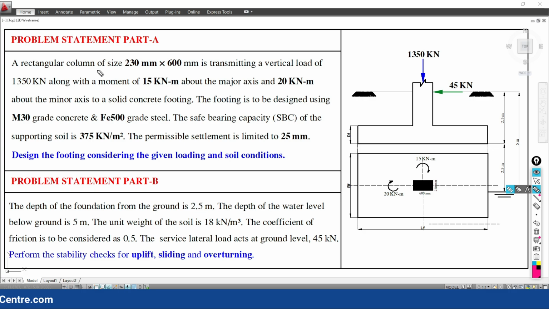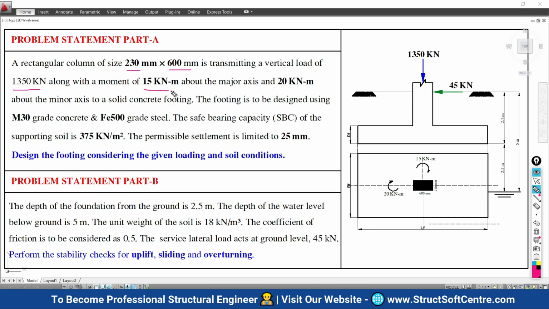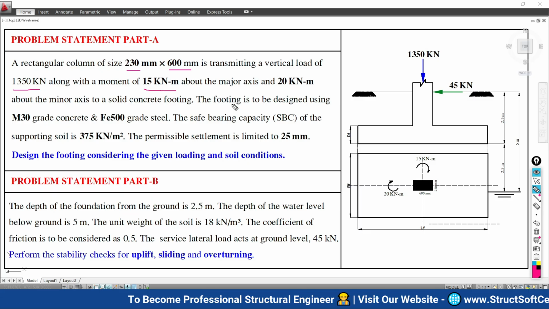A rectangular column of size 230 by 600 in mm is transmitting a vertical load of 1350 in kilonewton along with a moment of 15 kilonewton meter about the major axis.